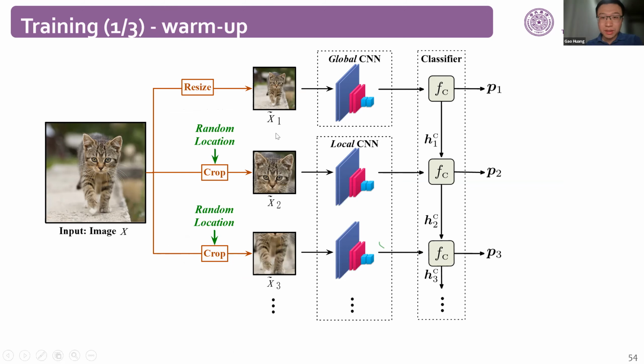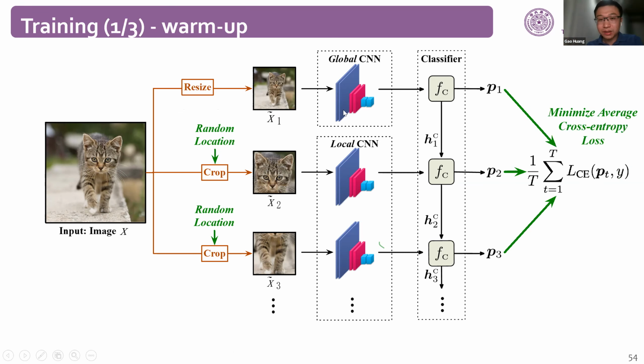In order to train this system, our first step is a warm-up stage. That is, we remove the patch proposal network and replace it with a random cropping module. So the local patches are random, and then we fine-tune these convolutional networks, these backbones, by minimizing the cross entropy loss.